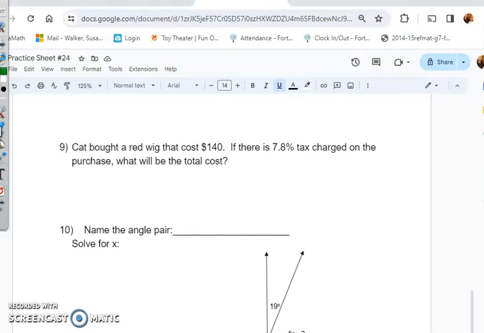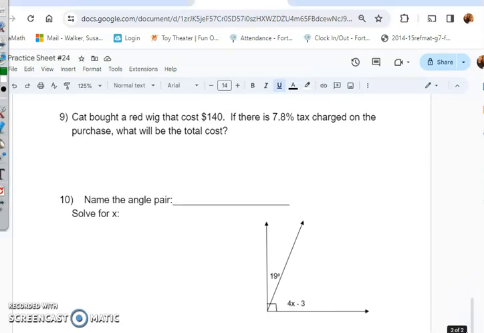Okay, and the last one. My favorites. I love this. We have these angles here, this angle pair. So remember, we have a couple different ones. And remember, it's not straight. It's not straight. It's a corner. So your job is to figure out the math word that we call this.